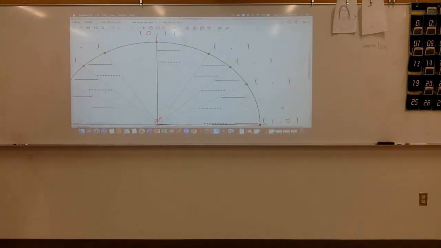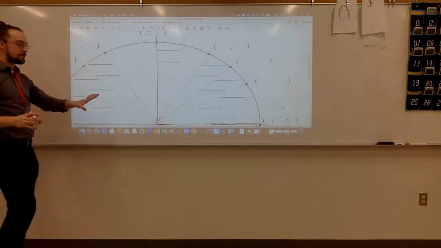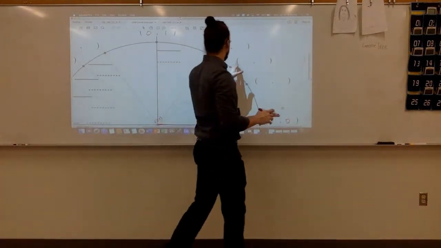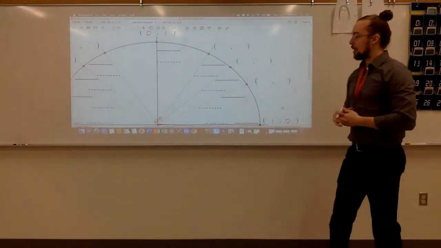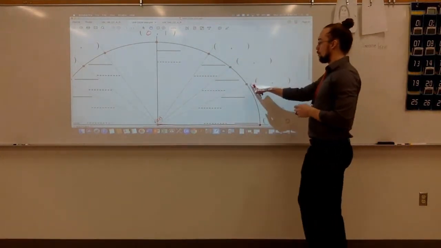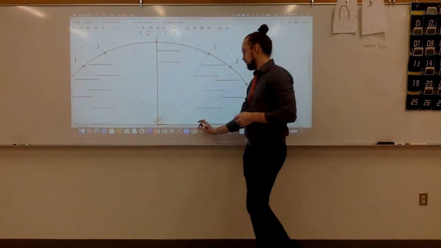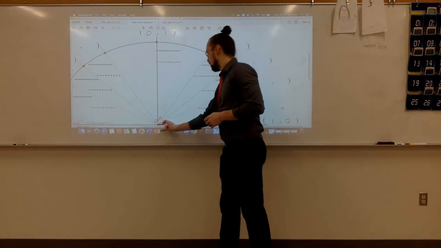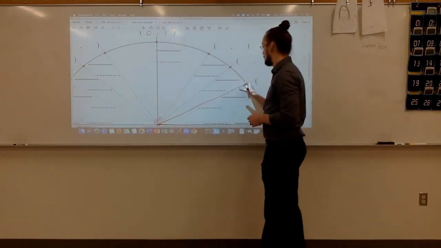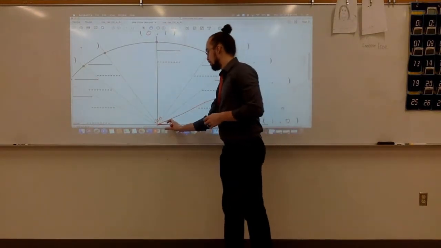We'll talk about what that actually means and why that's useful in a second. But first, we want to build our values here. If I look at this angle right here, we're saying that this is a 30-degree angle.